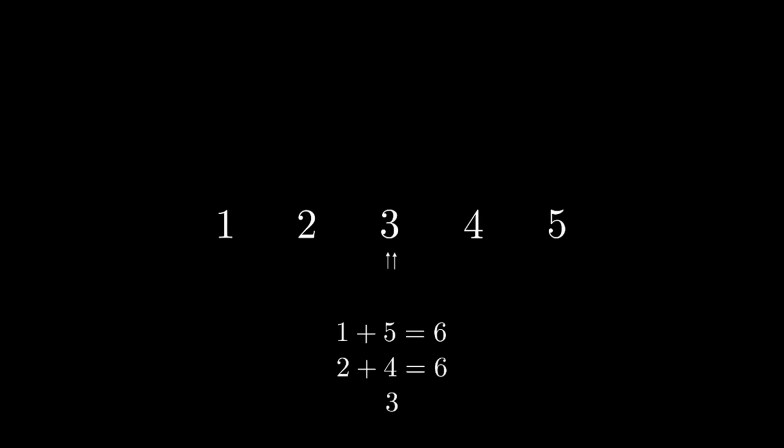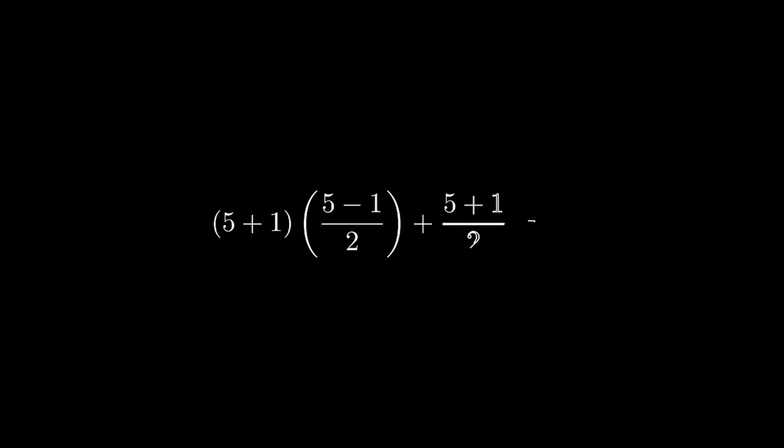Notice that as we take sums from pairs of numbers, the sum remains the same. In this case, the sum is 5 plus 1, which is 6. In total, we get 5 minus 1 over 2 pairs of numbers that we have to add up. So the sum for those is 5 plus 1 times 5 minus 1 over 2.